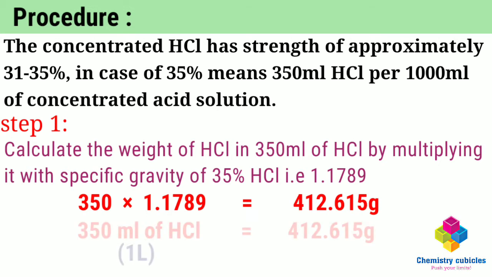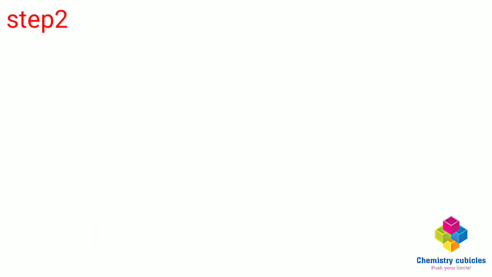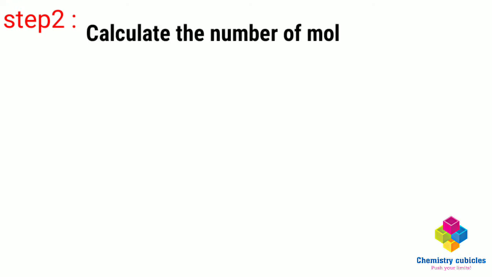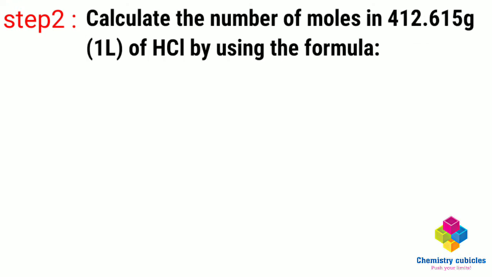So this means the 350 ml of HCl which is present in 1 liter of solution is equal to 412.615 gram. That is, its weight is more than its volume, which means HCl is heavier. Now, in the second step, we have to find out the number of moles of HCl which is present in 1000 ml of concentrated acid solution.